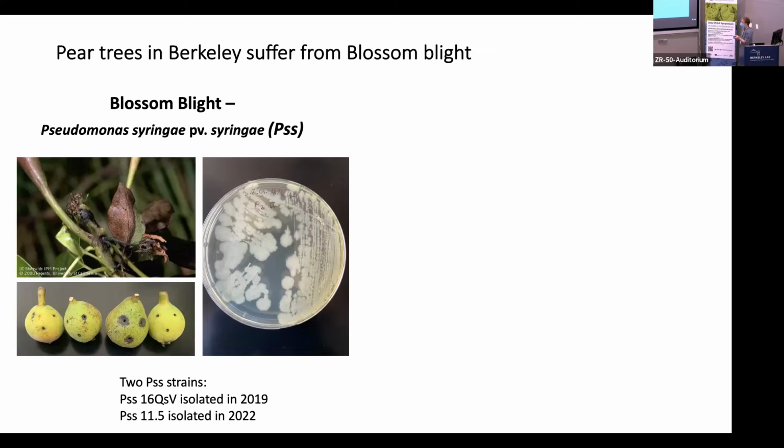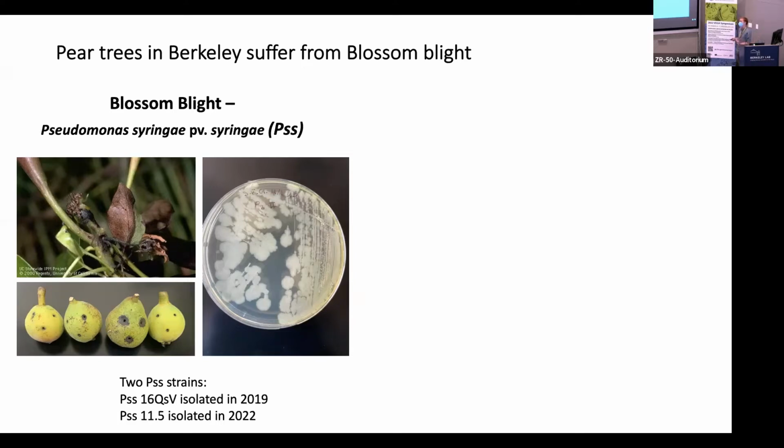And as you can see over here, if you inoculate them in pear fruits, they become quite nasty. So this disease is actually a really big problem in commercial pear production as well.